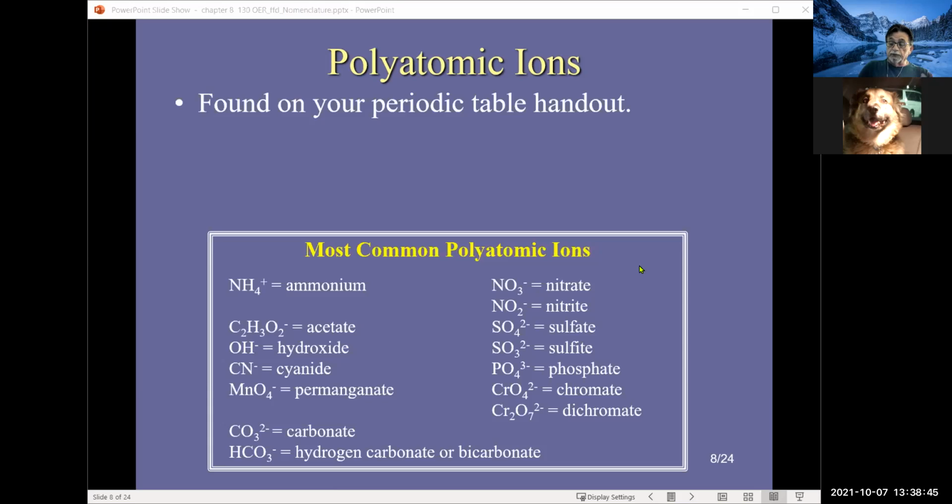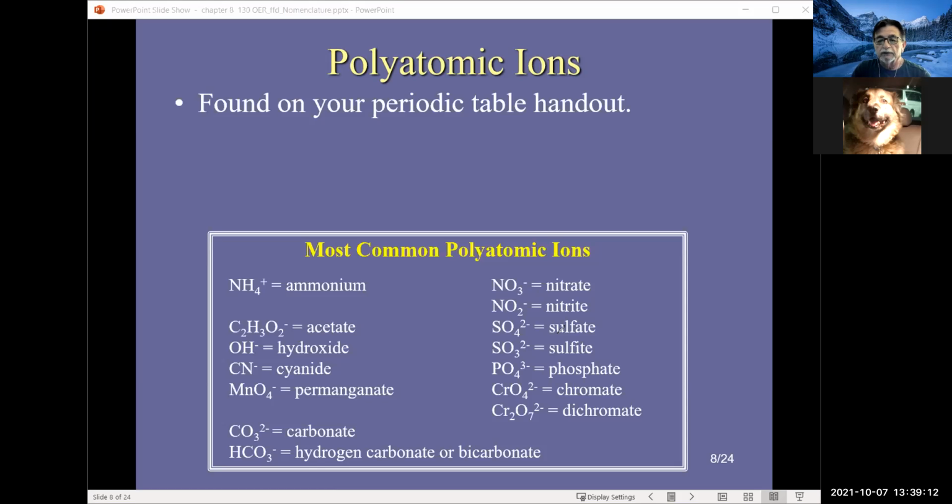Be familiar with them; you'll be utilizing those. The only thing to take away from here is they're units. You keep them together as a unit. If you need more than one, you put parentheses around it and then a subscript with whatever number you need. If you only need one, no subscript is necessary. Just write it out.